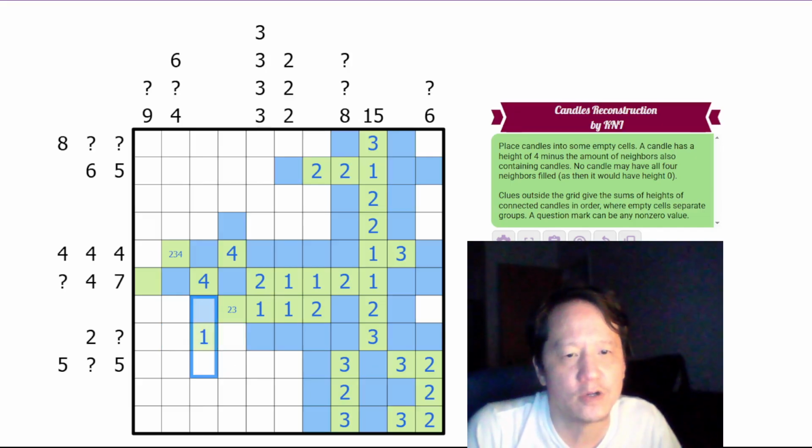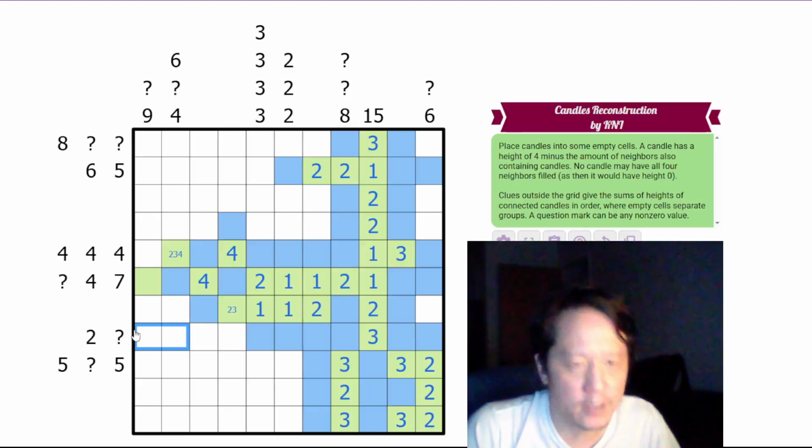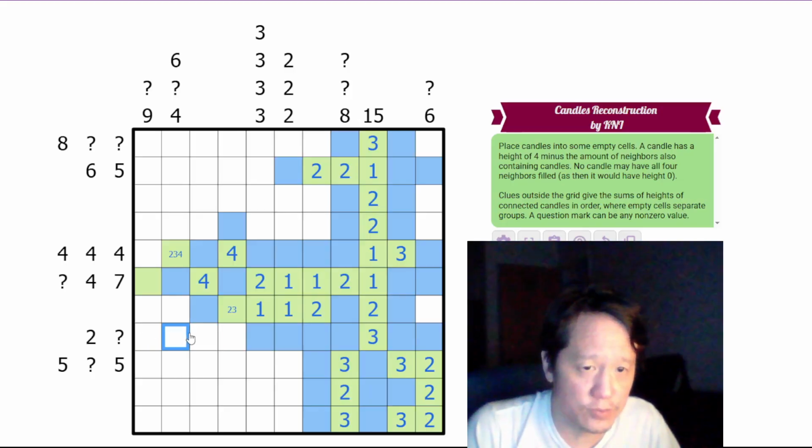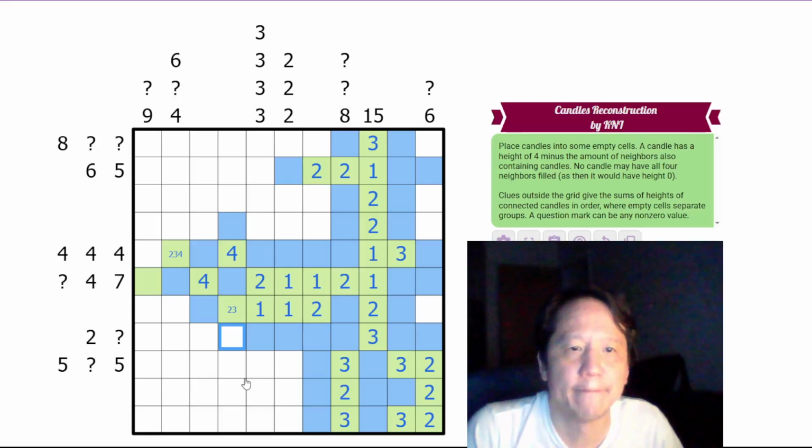So therefore, if this is shaded, then 1, 1 could be here, or you could have 2, 2, 2, and 2. Those are all possible.